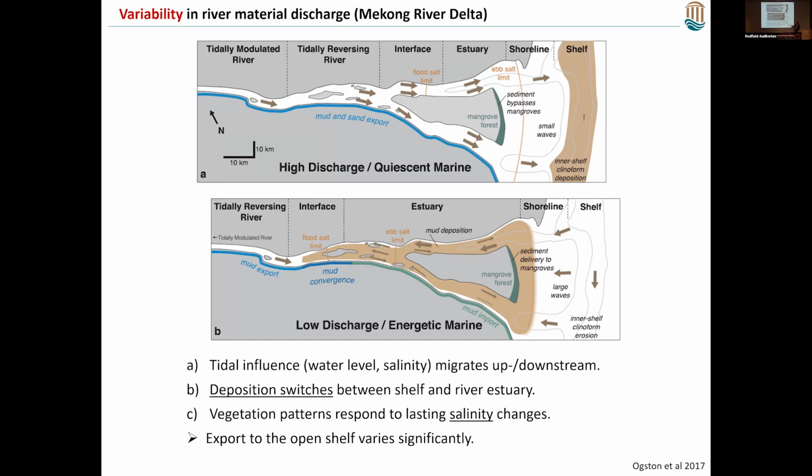Or if the discharge is relatively small, aka sea level starts rising, then the deposition would move into this estuary, leading to shallowing and widening, for instance, maybe of the channels here. But hopefully, if there are not too many levees and embankments, also on the delta plains. So this can be cycles at very different timescales.